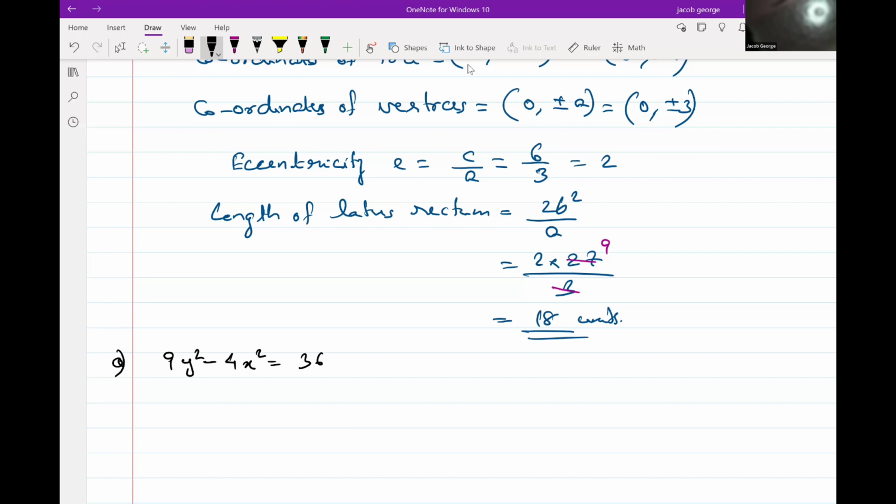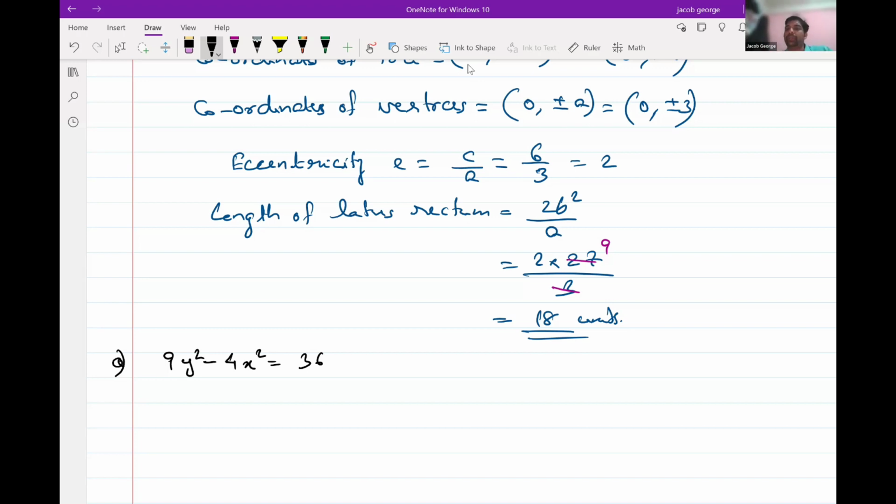Okay, so here we have to divide by a particular number to get 1 on the right side.